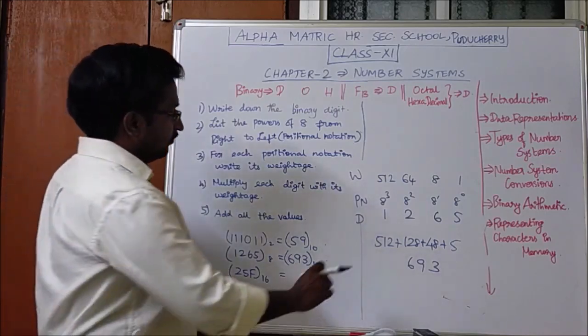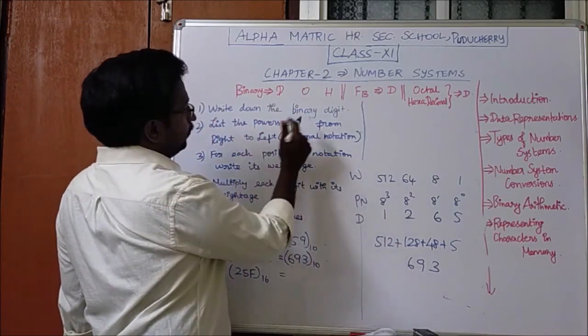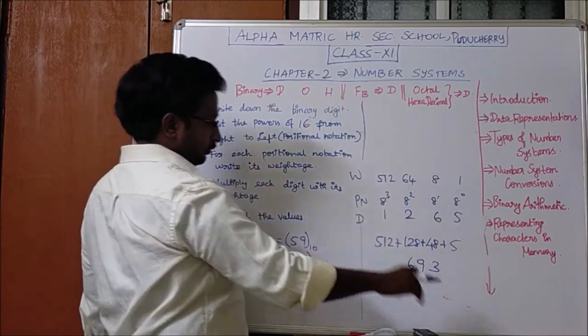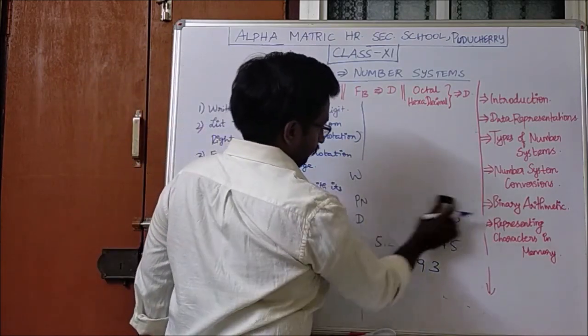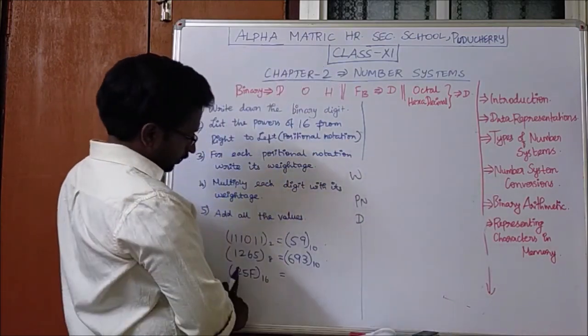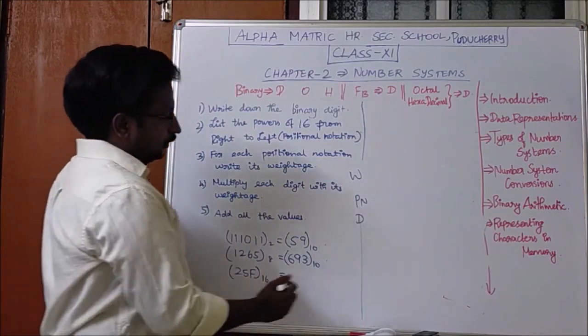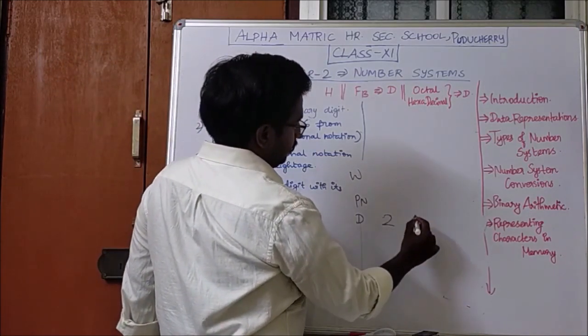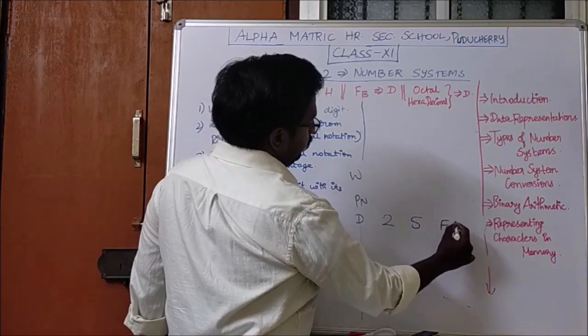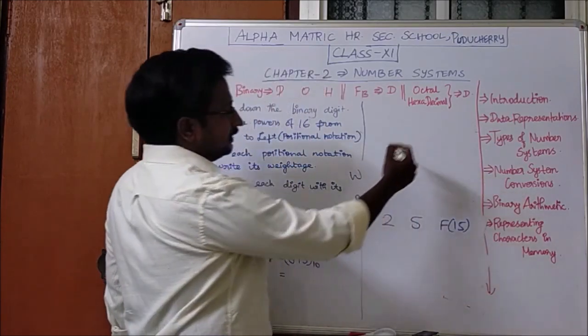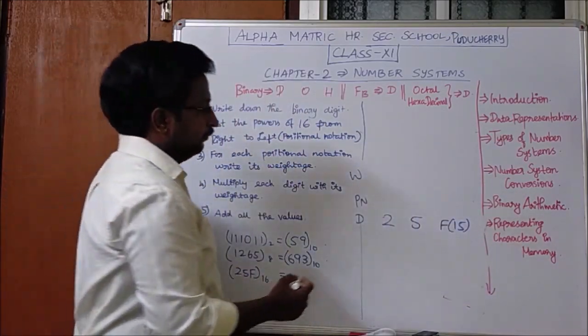And the last one is hexadecimal. List the powers of 16. Here I have given the number 25F. In hexadecimal, F stands for 15.